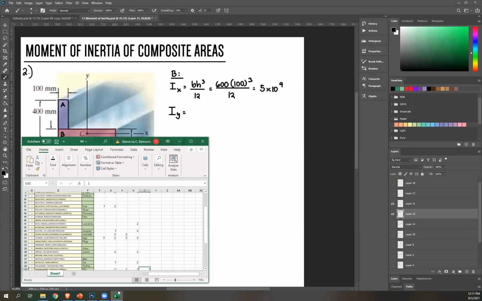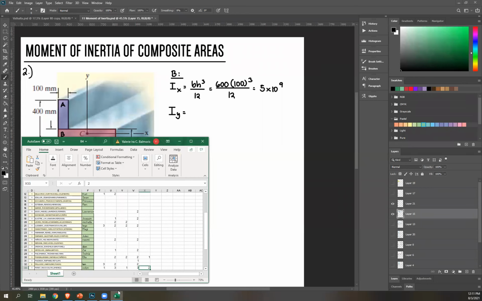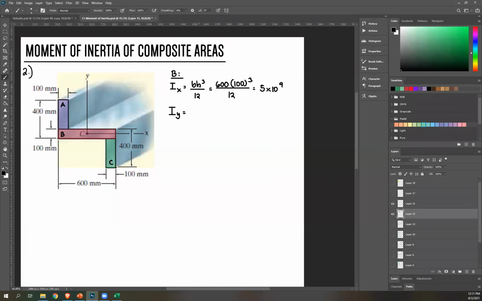Okay, correct, Terry. HB cube over 12, so it's just the opposite of this. So again, height now is 100, base is still 600. Please solve. What's the answer?